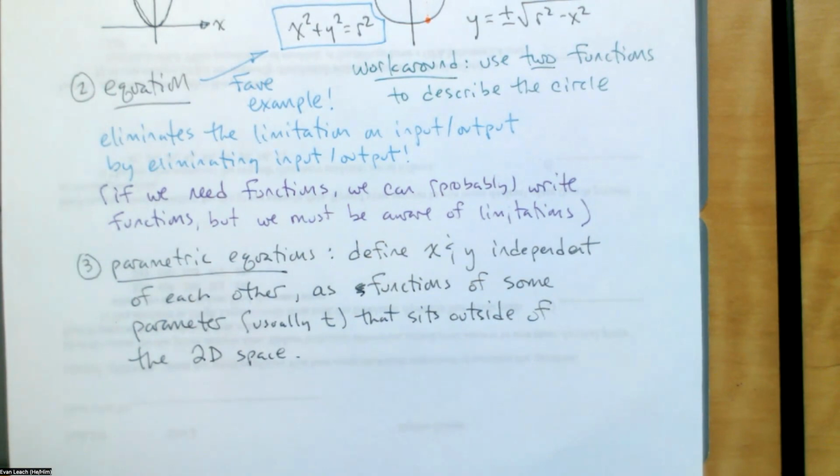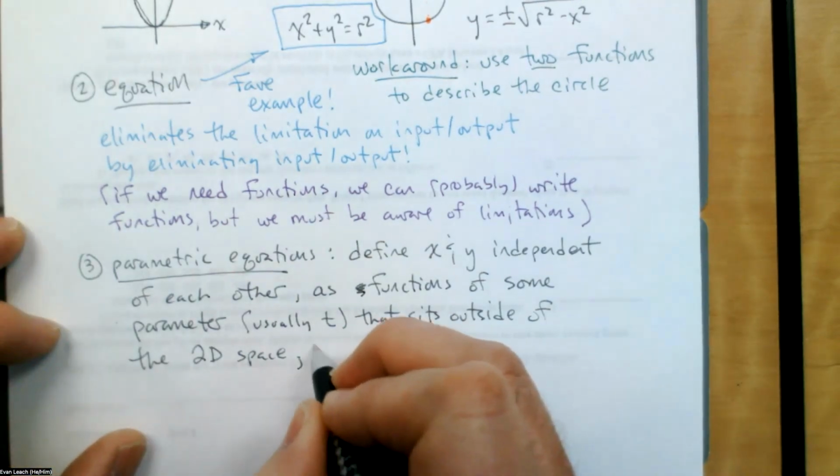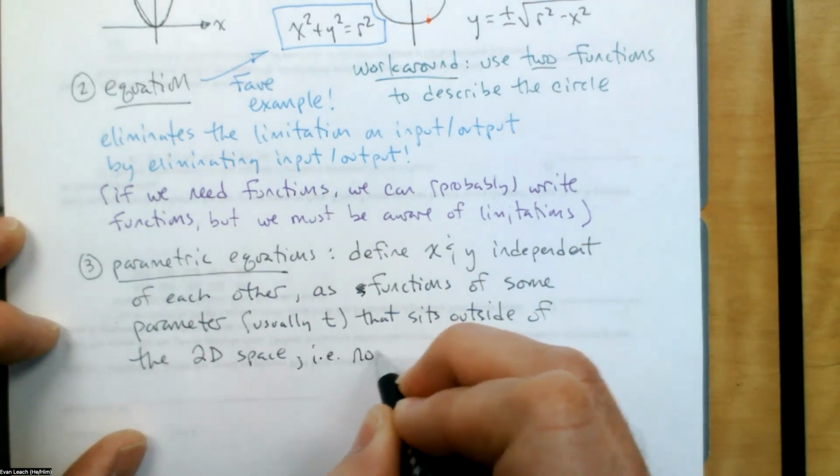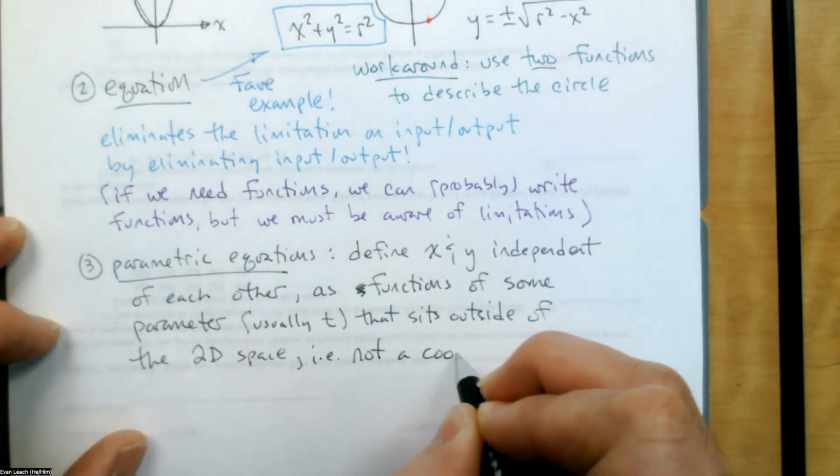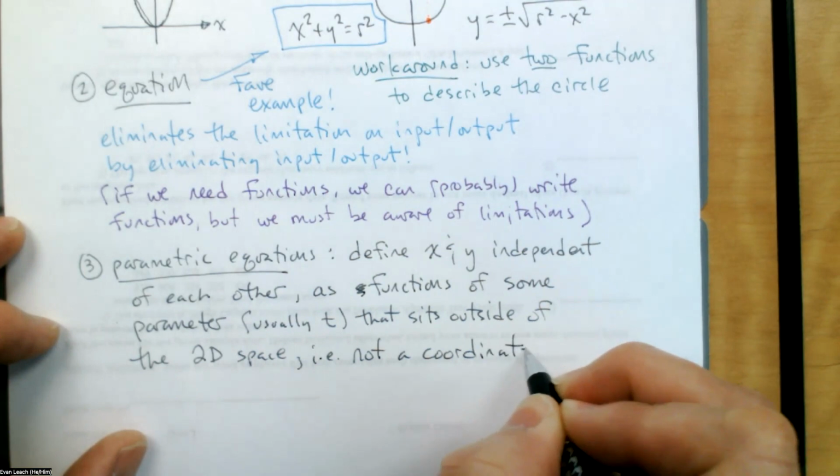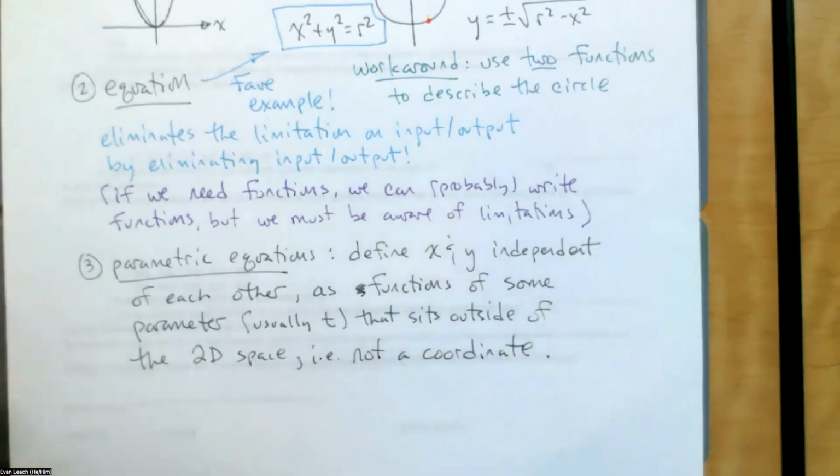What I mean when I say it sits outside of the 2D space is that it's not one of the coordinates. X and Y are locations. T is not a location, it's just a parameter.